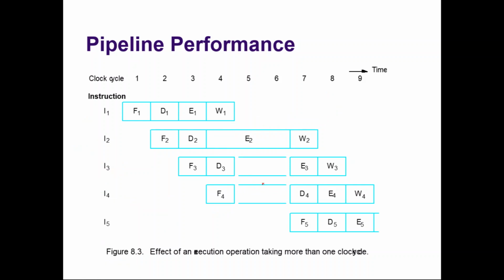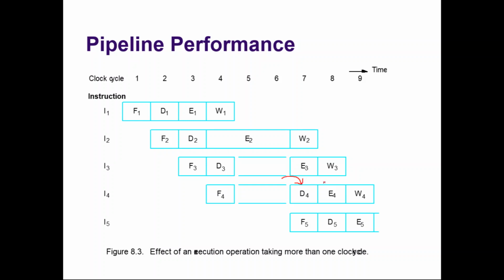You can take it this way: instruction 4's decoding is delayed because instruction 3's execution has not even started. Only when instruction 3's execution starts can instruction 4 be decoded. So its decoding is delayed.